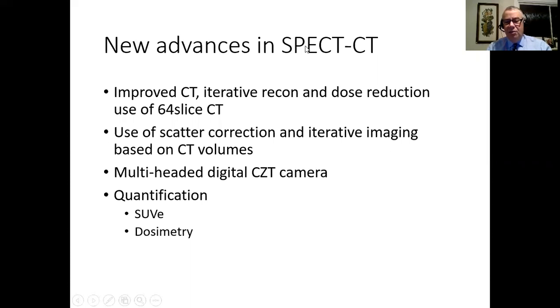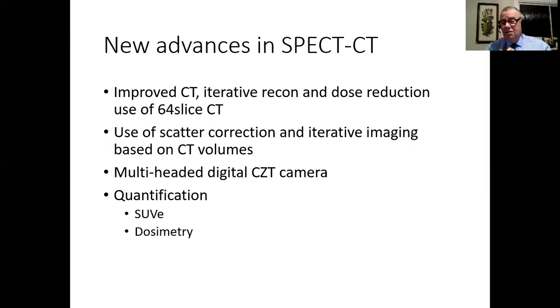Now, the big thing that we've also done is looked at scatter correction. As we know, whenever gamma rays interact with tissue, you get scatter, and that's what makes nuclear medicine images fuzzy. So could we use artificial intelligence effectively to defuzzy the image? There's some very interesting software coming through that enables you to do that.